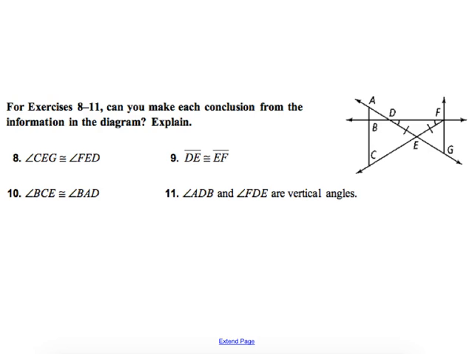So for exercises 8 through 11, can you make a conclusion from the information in the diagram? So it says angle CEG, oh boy, you gotta mark these out, CEG is congruent to angle FED. Yep, because you guys notice how those are vertical angles? So we're going to say yes, vertical angles.